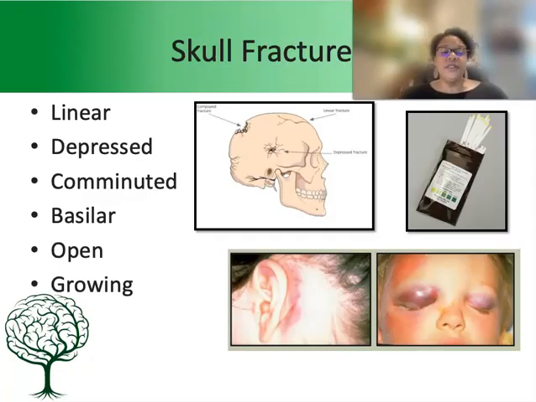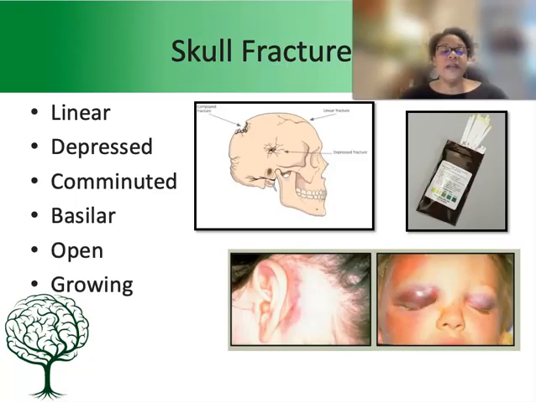So linear fracture is just that. Linear fracture is a single fracture that does not cross the suture lines. So this is where you've got to know your suture lines, and you have to know your descriptions. If something has crossed the suture lines, or if something has not crossed the suture lines, that will indicate to us what kind of fracture or injury has happened to this child.